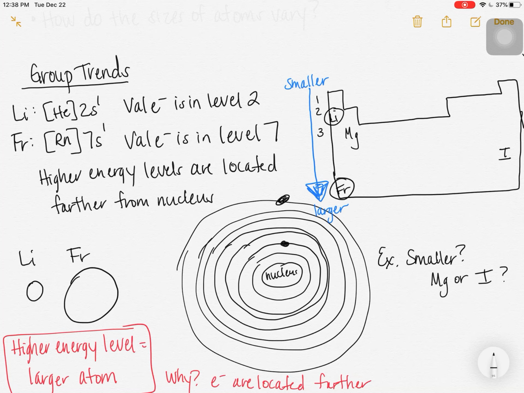Remember, that comes from here. Magnesium has electrons in level 3, iodine has electrons in level 5. This time I asked who's smaller, and the answer would be magnesium, because its electrons are located closer to the nucleus. So when we're talking about within the group, we're talking solely about what energy level they're in, and that's all there is to that discussion.